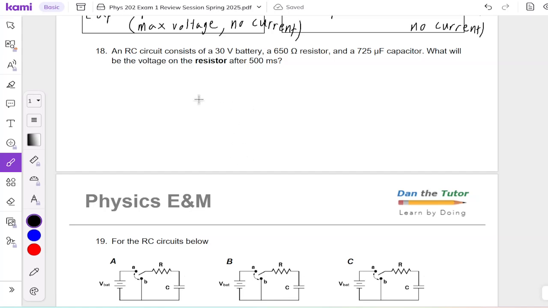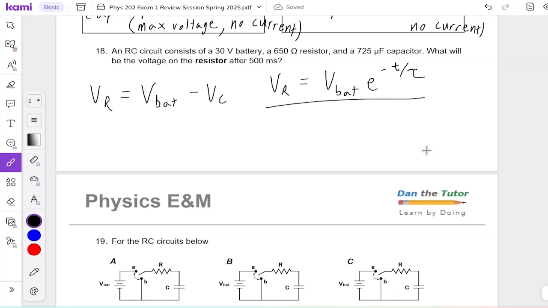Using the equation, this one's pretty easy. You can do either one. You can do VR equals V bat minus VC, or you can do VR equals V bat times e to the negative t over tau. I don't care which one you use. I'm going to use this one because it's easier, and I have it memorized.